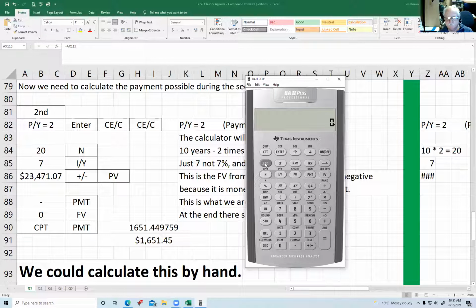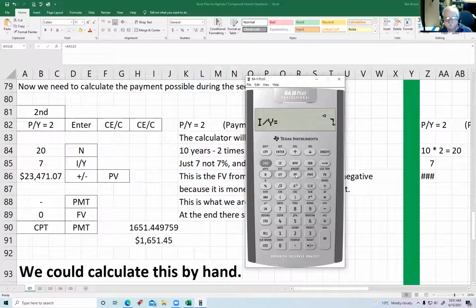We want second PY 2, enter and clear. We could have ignored that because we knew it was set already. We want 10 years, 2 times a year, which is 20, so 20 into N. We want the interest rate to be 7. We could ignore it, but I'm going to put it in there anyway.